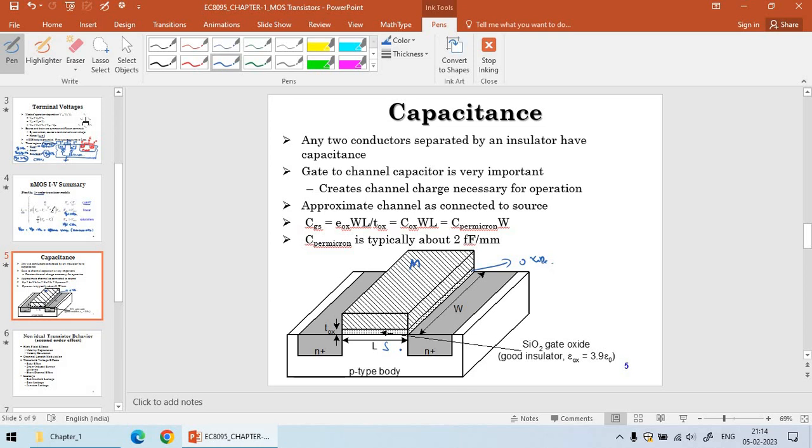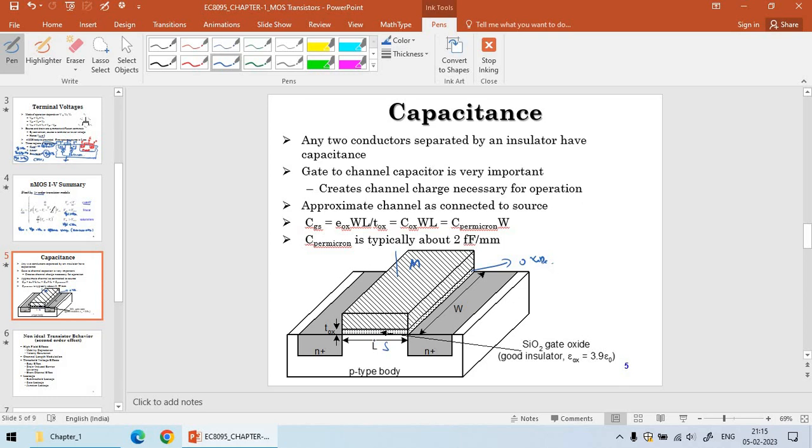So metal oxide semiconductor is the name of the device. So the gate is going to act as a plate, and below the gate we have a silicon dioxide layer, so it is going to act as a dielectric, below which we have a semiconductor. We are going to bias the transistor in such a way that it is going to operate in cutoff or linear or saturation.